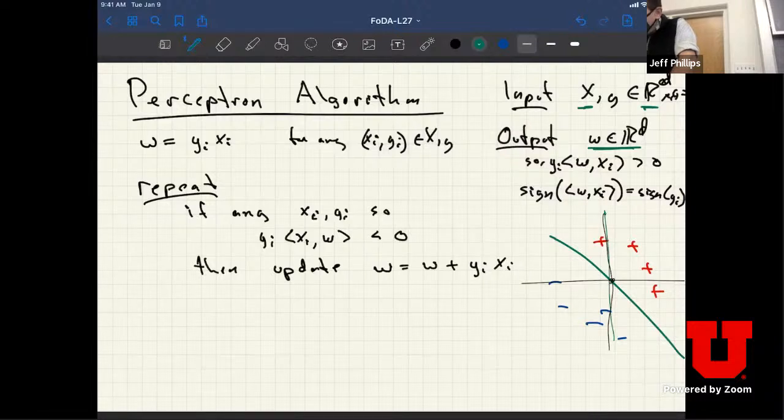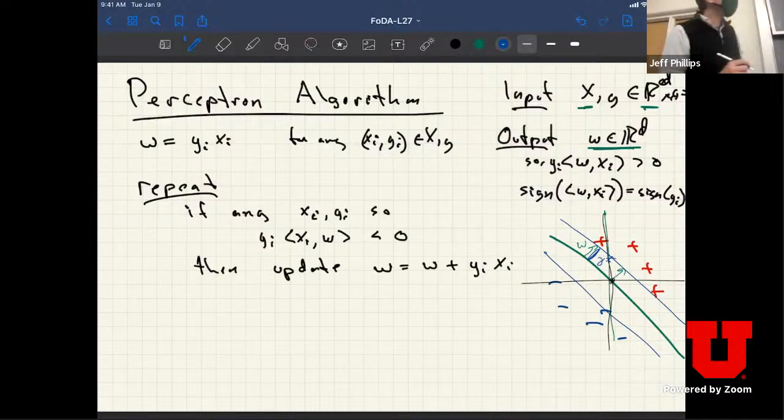It has a normal vector w that's pointing towards the positive points. The normal vector, in fact, you can think of as coming out of the origin, but it's a vector, so conceptually it makes sense to look at it anywhere. And if you recall, the margin was this region to the closest point, gamma star would be the optimal margin, and that determines how many steps I need of this algorithm.